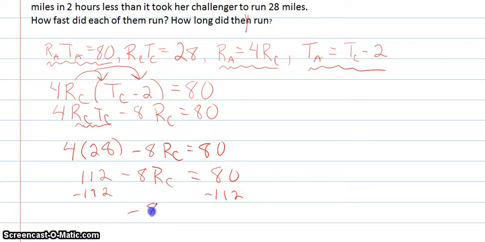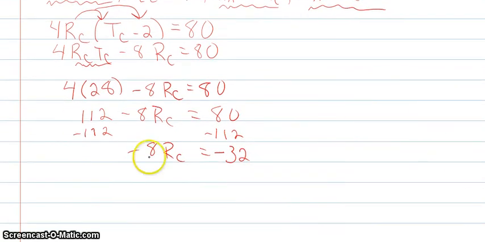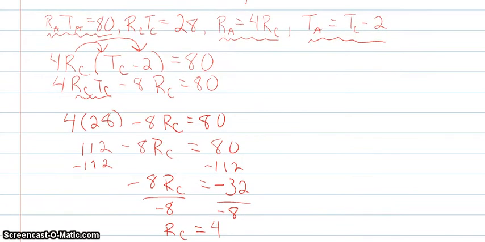So negative 8 R sub C equals negative 32. Then divide both sides by negative 8. So R sub C equals a positive 4. And now we're ready to use that information to find our other 3 variables.